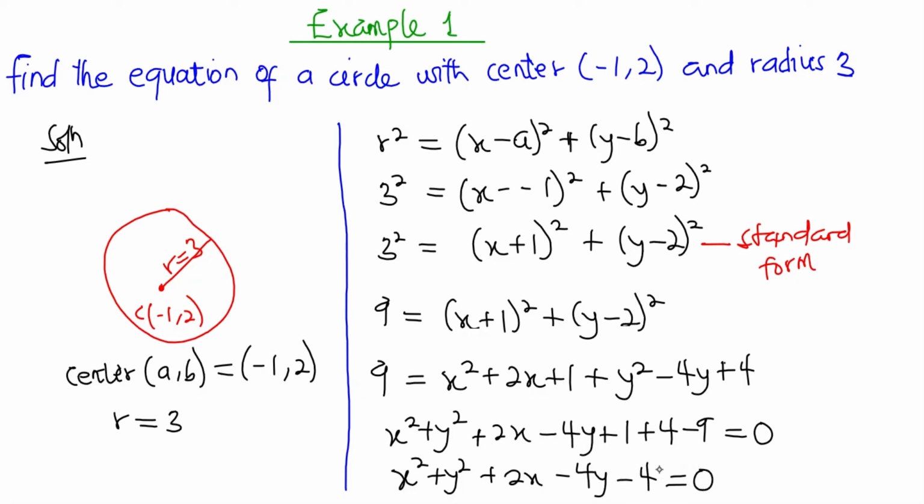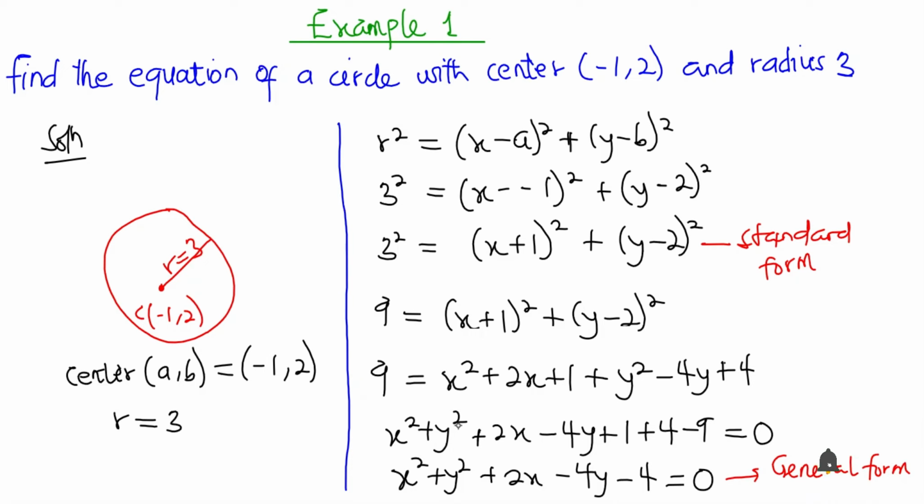So henceforth, the equation of a circle with center (-1, -2) and radius of 3 is x squared plus y squared plus 2x plus 4y minus 4 equals 0. Now this becomes the answer to this question, and you can call this the general form of the equation of a circle.